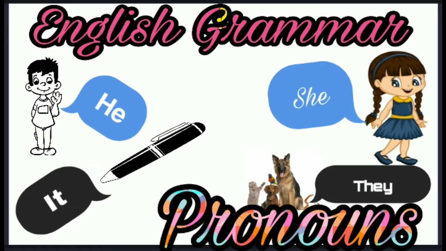Here you can see in the picture a boy, a girl, a pen and some animals. Instead of boy, it is written he, she for girl, it for pen and they for animal.